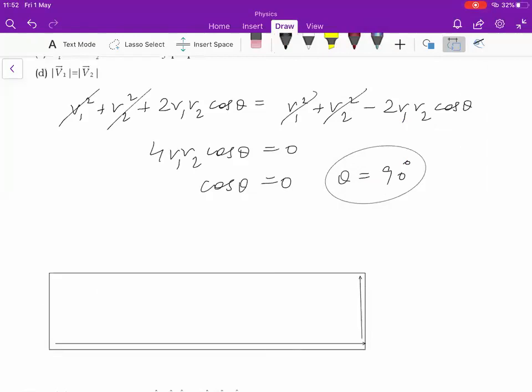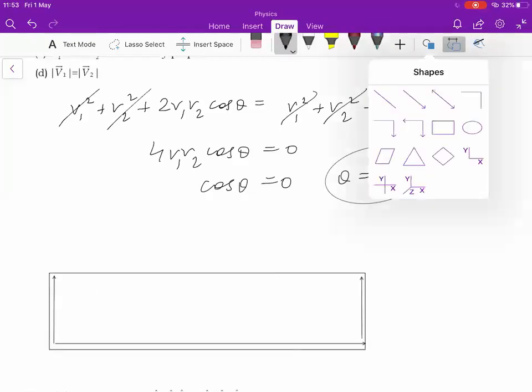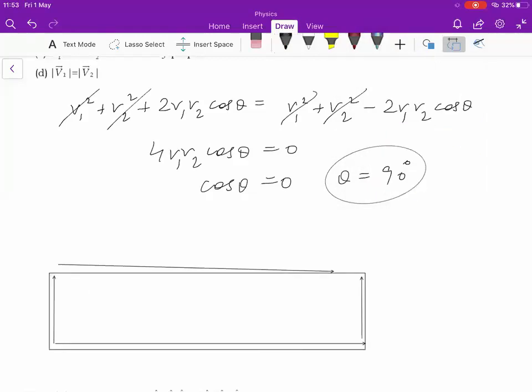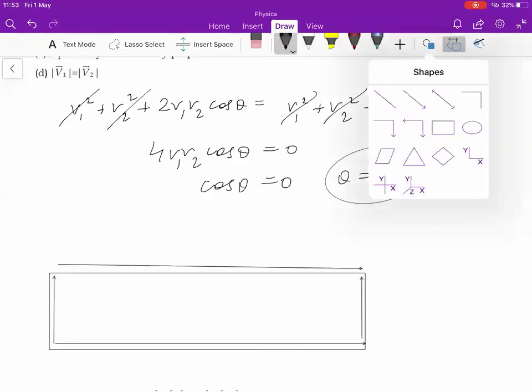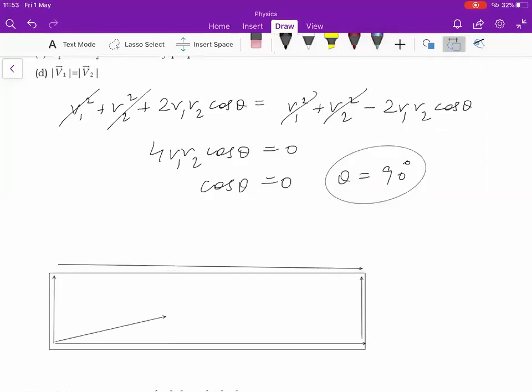Second vector is like this. What is the addition of the two vectors? This one, this is the diagonal. What is the subtraction? This one. The length of this one is equal to this one. That is only possible if the two vectors make an angle of 90 degrees.